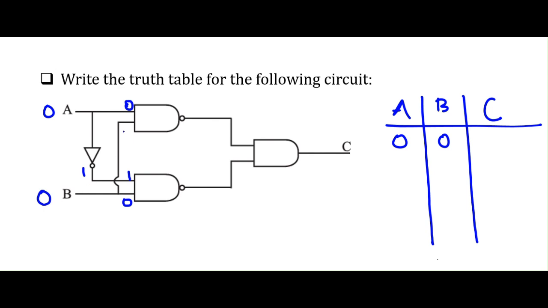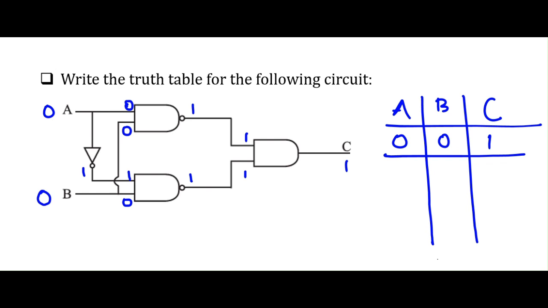So there will be 0 as input. Now 0 and 0 after passing through the AND gate will result into 0, but there is a NOT gate following the AND gate. So the final result here will be 1. And in this case, the final result is 1 as well. So 1 and 1, the final result will be 1 because this is a simple AND gate. So we have 0 0 1.